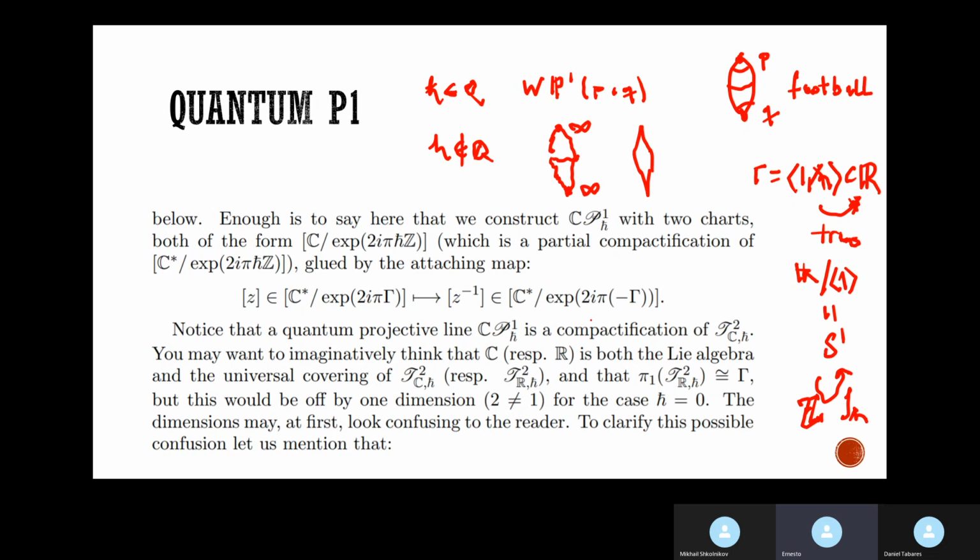Sorry about that. So we have that situation. Well, I said S1, but of course you can extend this easily to C star, and then furthermore, you can extend the action to C, just partially compactifying C star.